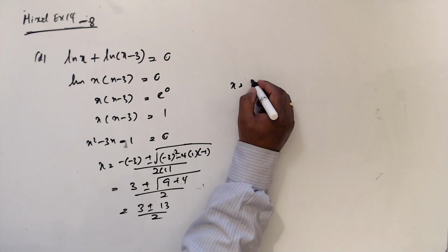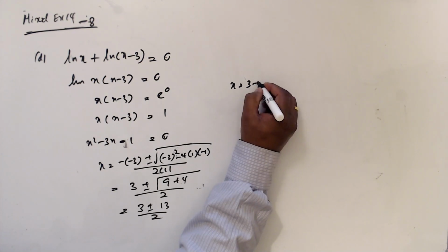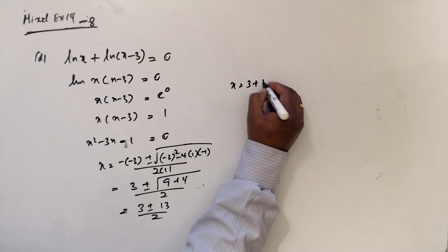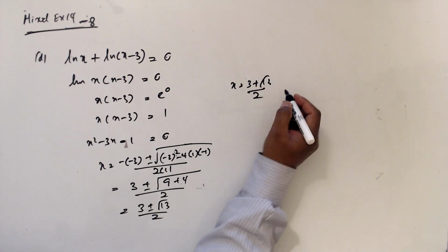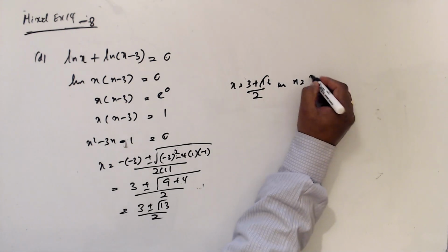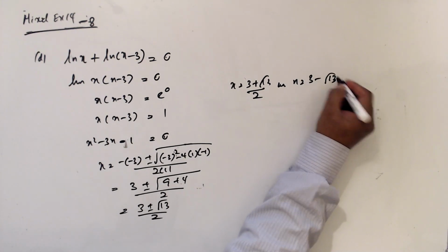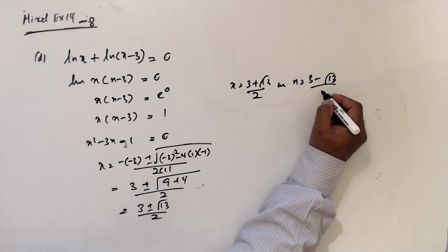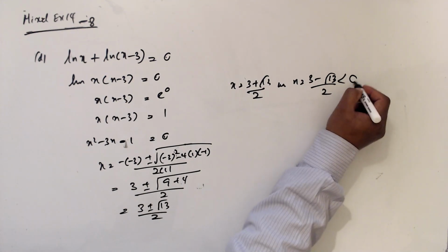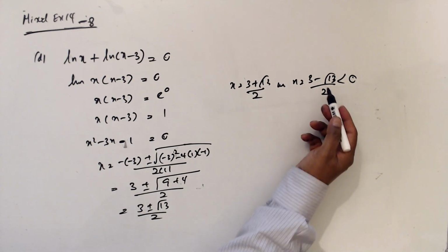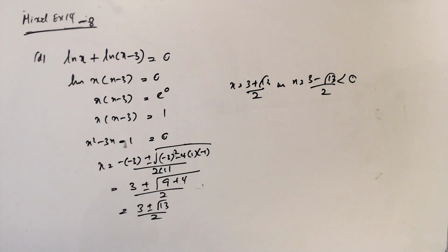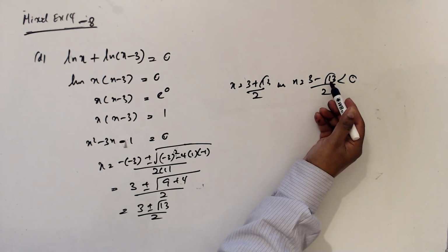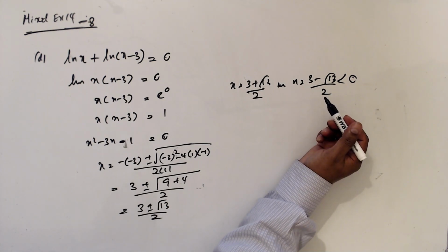So x equal 3 plus square root 13 over 2, or x equal 3 minus the square root 13 over 2, which is less than 0, because this is 3, and if it is 9, it is still 3 more than 9.